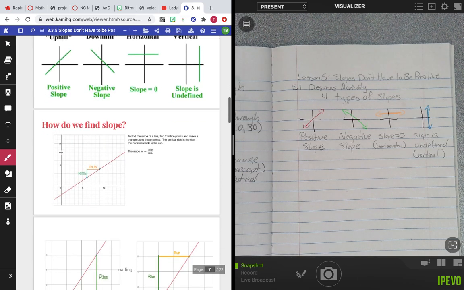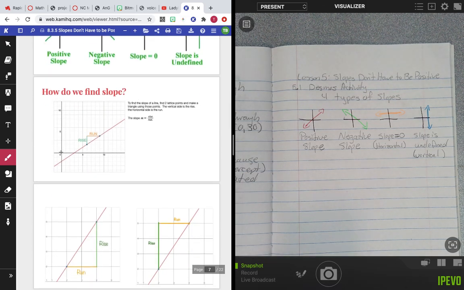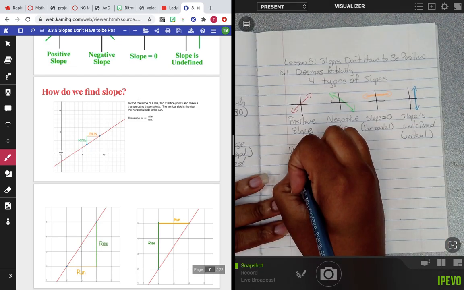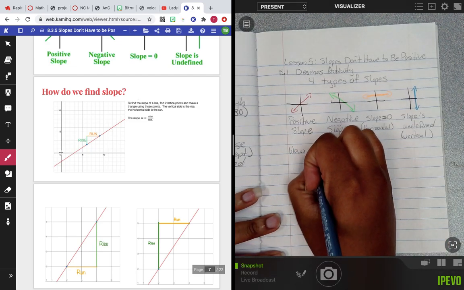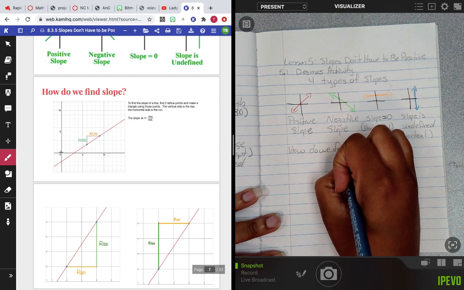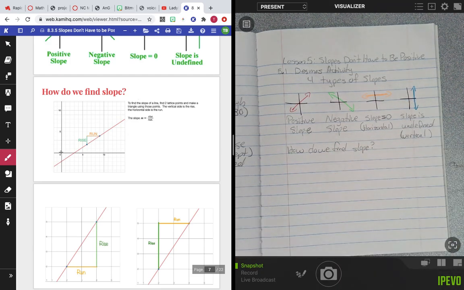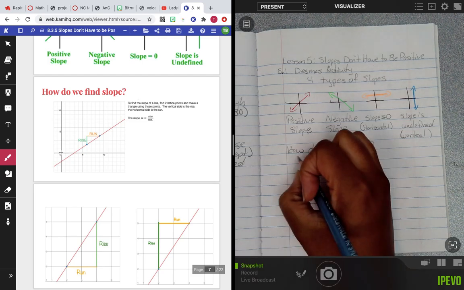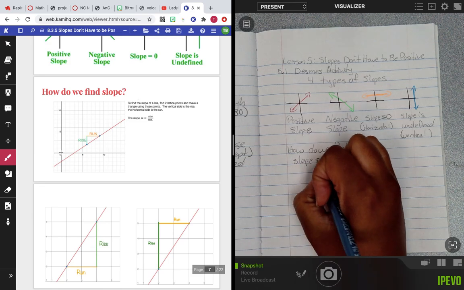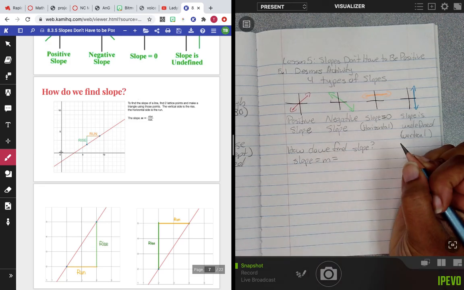All right, so how did we find slope from our activity? If you're not familiar with this terminology, then hopefully you will become familiar with it. To find slope, remember, we use the letter M for slope.